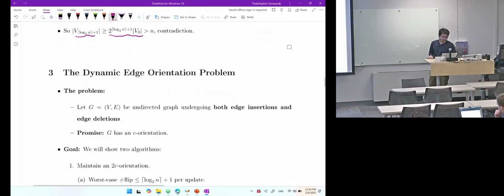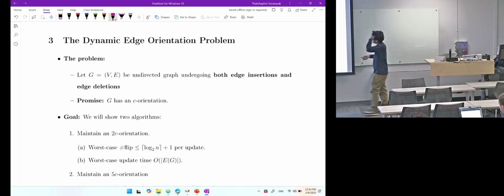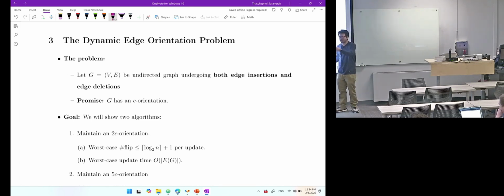Now let me talk about what we want to do today. I want to solve this problem. The problem is that I have a graph like before, an undirected graph, but this graph now undergoes both edge insertion and deletion. I might insert one edge at a time, delete some edge at a time.